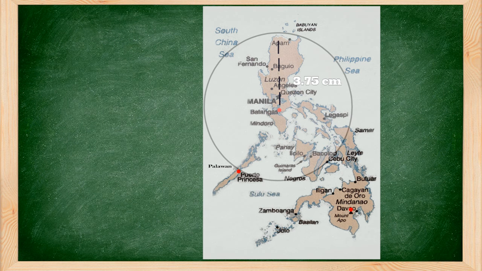Example, Batangas, draw a circle. For procedure number 6, this time, you do procedures 4 and 5 for Puerto Princesa and Davao stations. You should get 3 circles that intersect or nearly intersect at a point. This intersection is the epicenter.